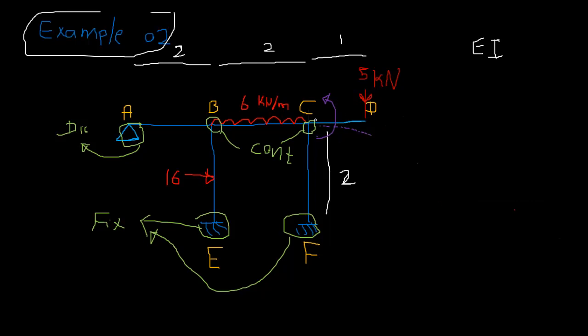What is the bending moment? Load into the distance: M is 5 into 1, 5. It's in the anti-clockwise direction, so I have marked it and I don't need to mark the negative sign again. I'm usually taking clockwise as positive.